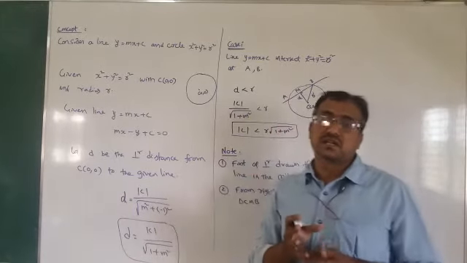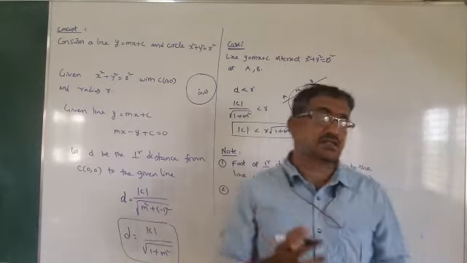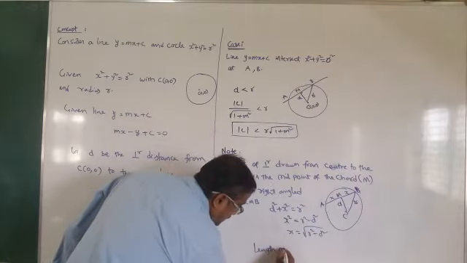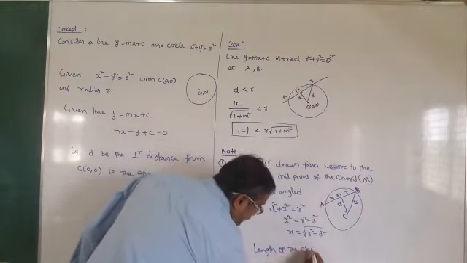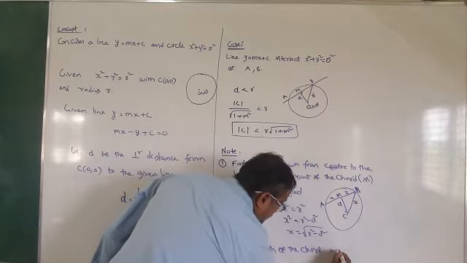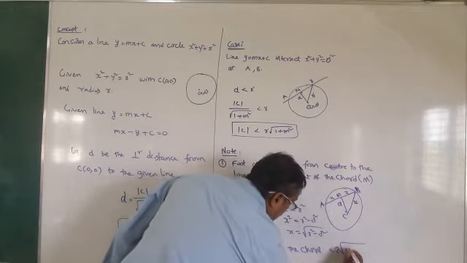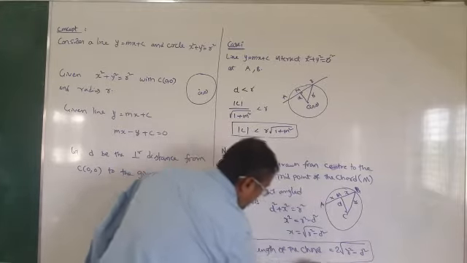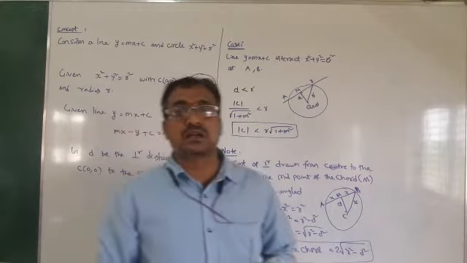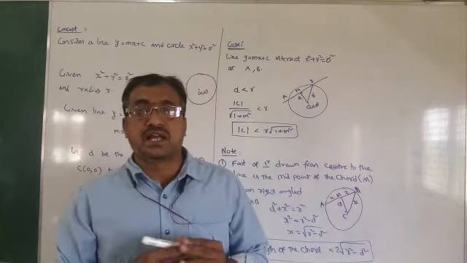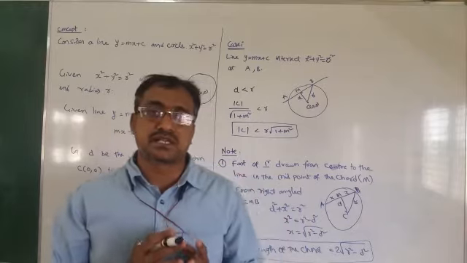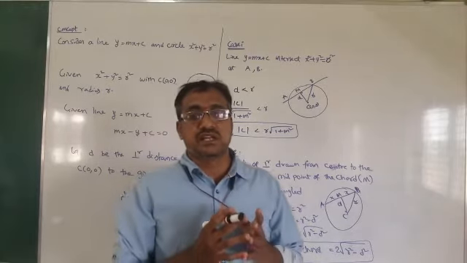So length of the chord is 2 times that x, which is equal to 2 root r square minus d square. Very, very important concept. That is case 1.